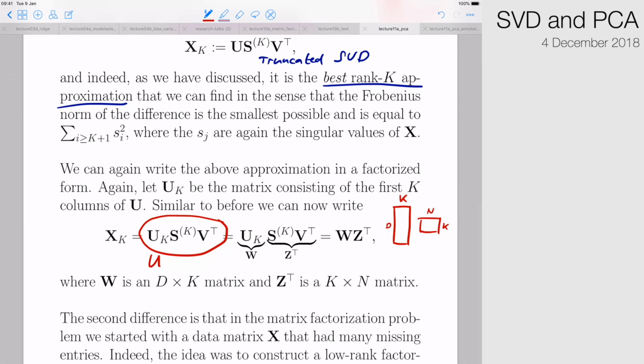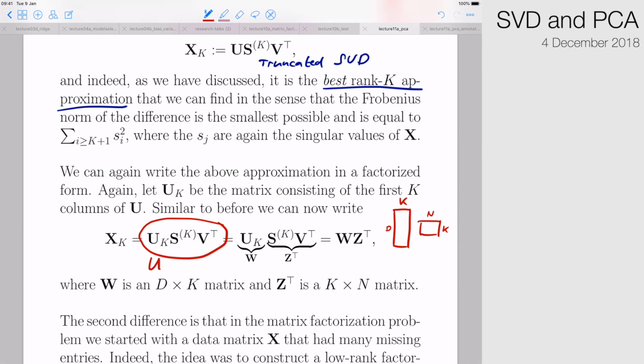So this is the truncated SVD, and I write it as W times Z. What I have done is I have written my matrix as a product of just few columns, and that's very nice because now I actually get a compact matrix factorization.